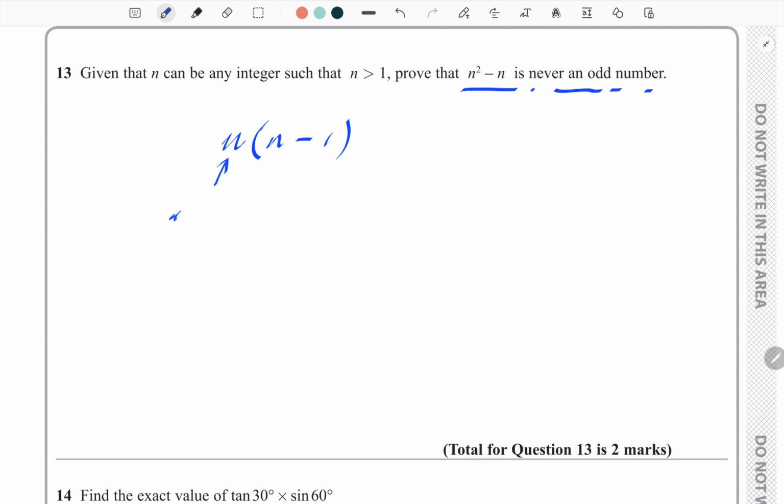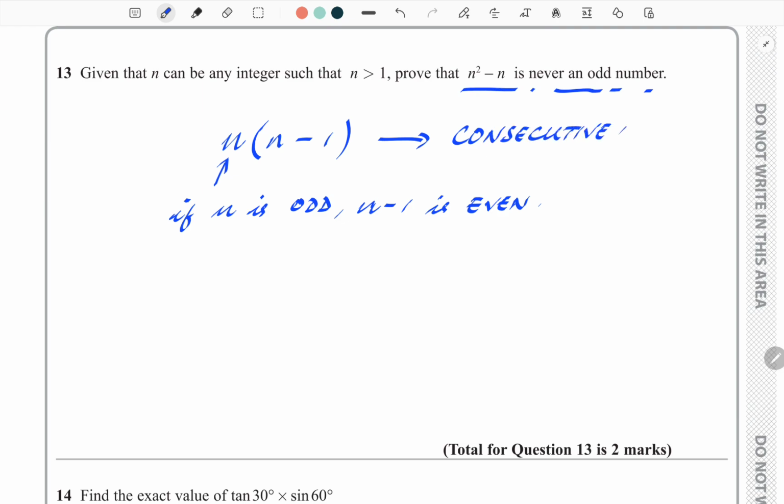So, if n is odd, then n minus 1 is even, because they are consecutive numbers, one after another. So if n is initially odd, n minus 1 must be even. The number below it must be even.